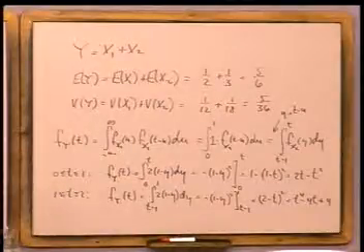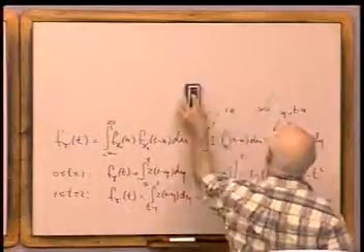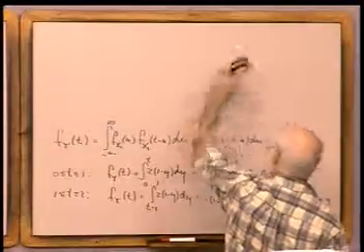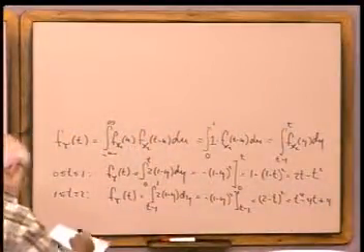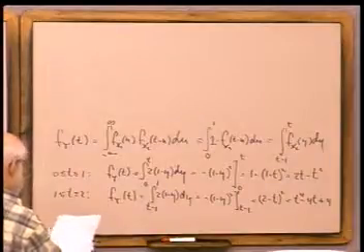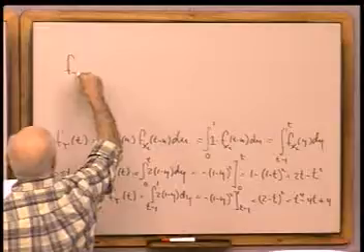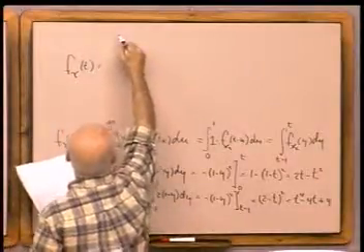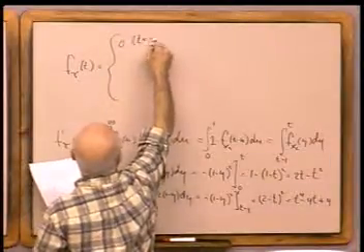So let me erase this above here and write this out. Okay, so now the density function of the sum is equal to 0 if t is negative.